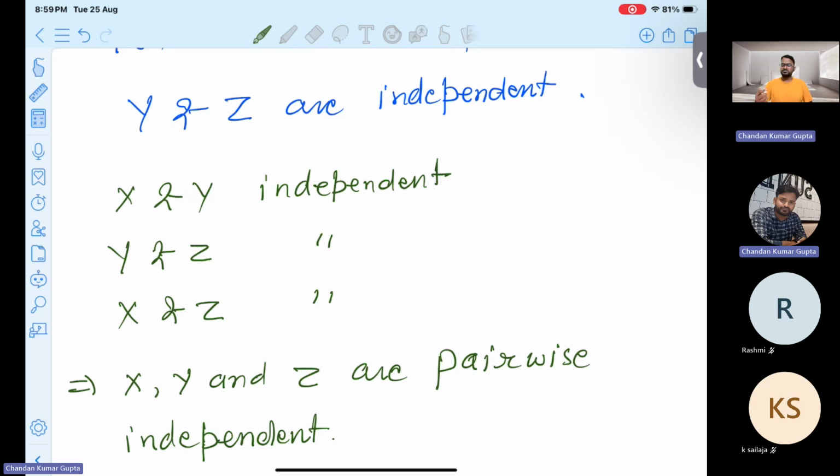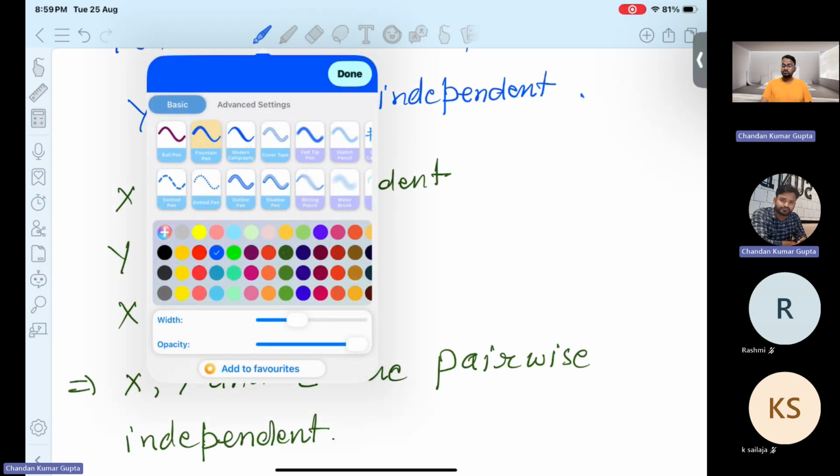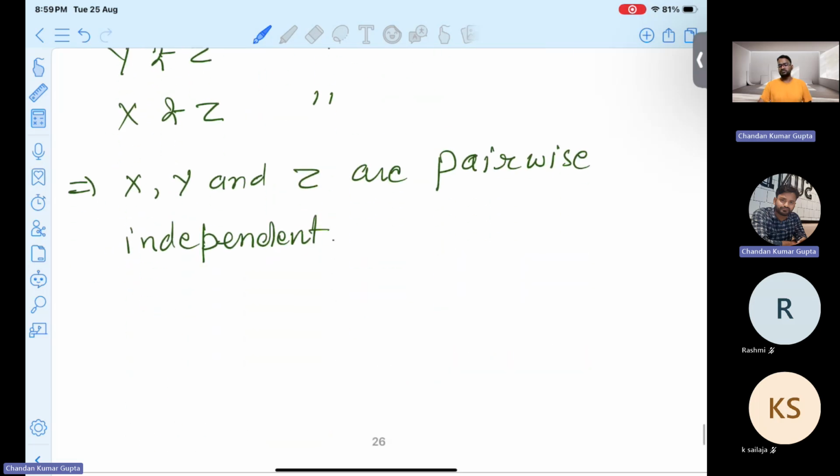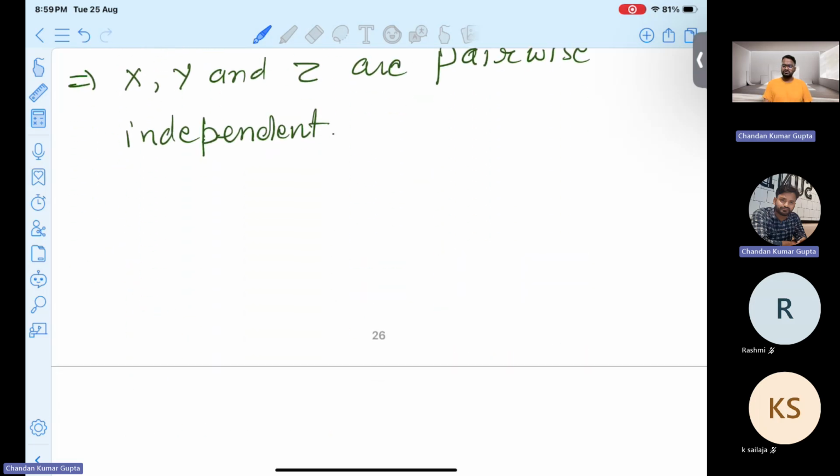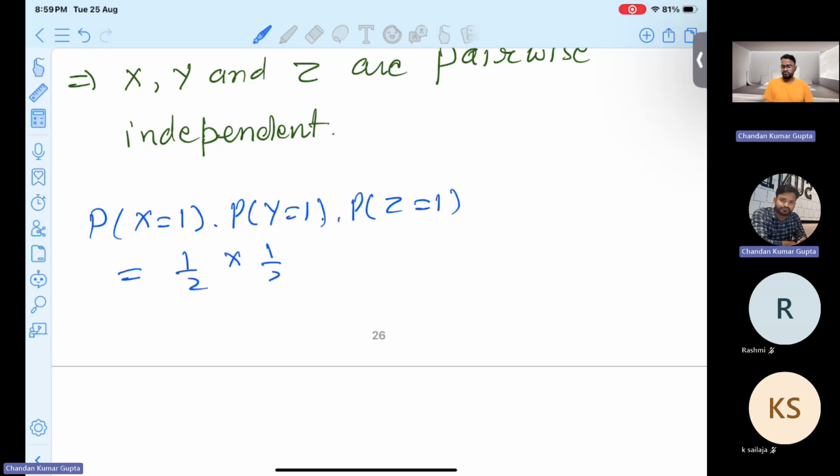Simple. Now the next step is to find whether these are mutually independent or not. That means whether all the three are independent or not. The probability that x is equal to 1, probability that y equal to 1, probability that z equal to 1: obviously each has probability 1 by 2, which comes out to be 1 by 8.